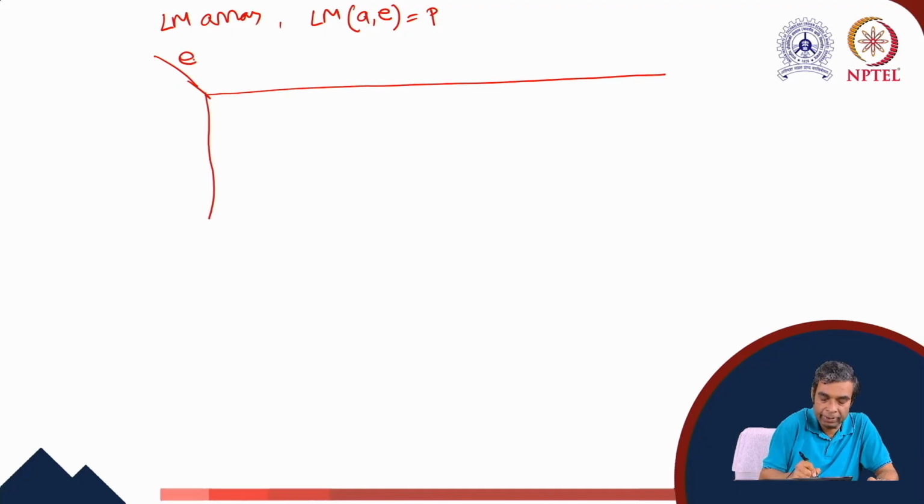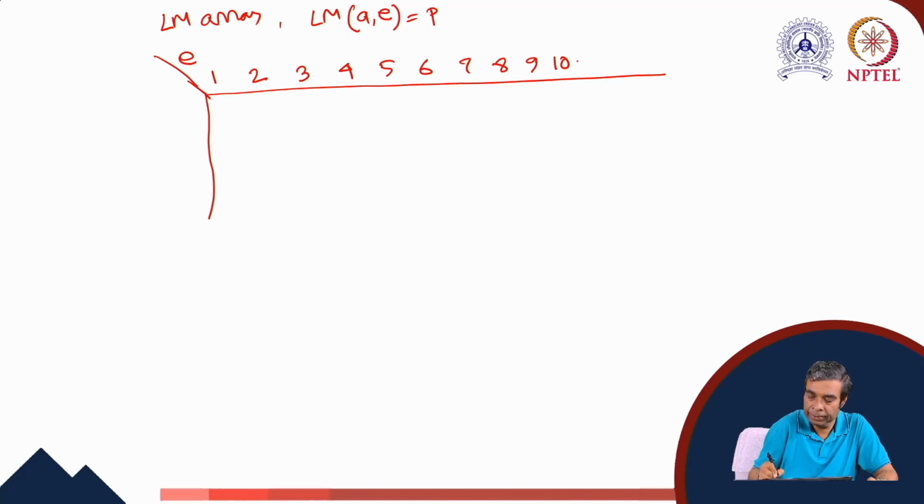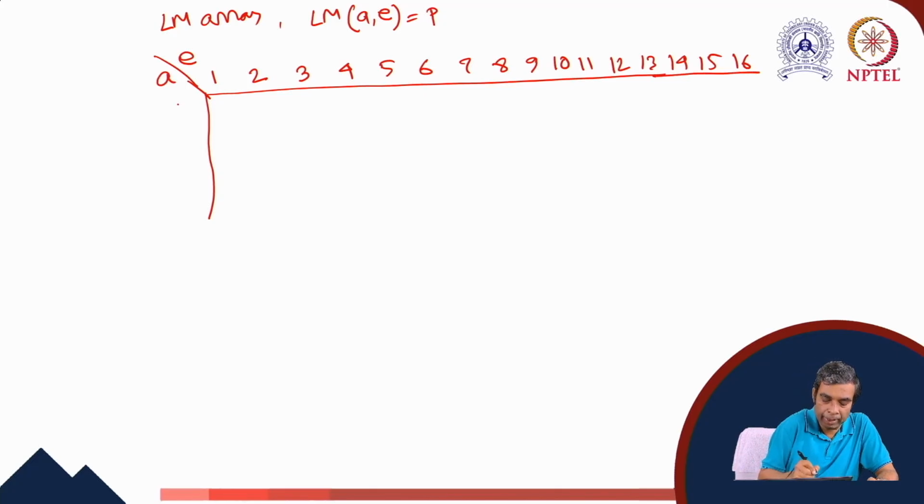Okay, so this LM array can be constructed by this chart or table. We have 16 elements, so E is going from 1, 2, 3, 4, 5, 6, 7, 8, 9, 10, 11, 12, 13, 14, 15, 16. We have 4 local nodes per element, so that is going from 1, 2, 3, 4.